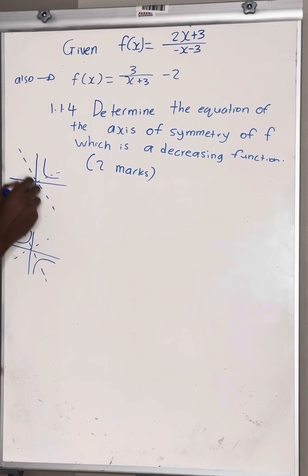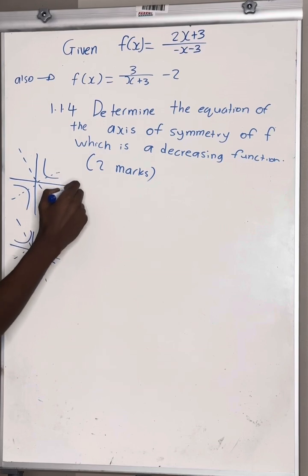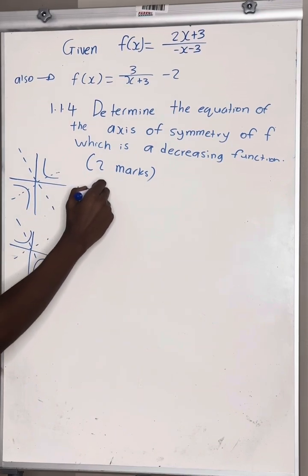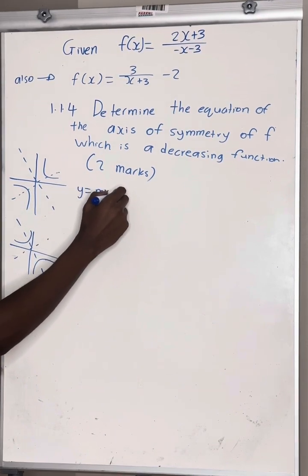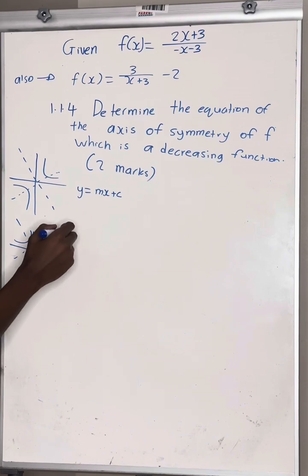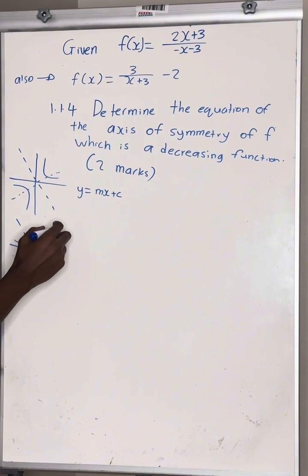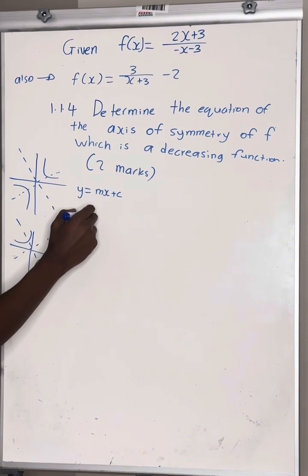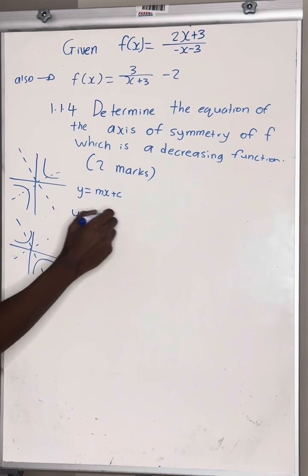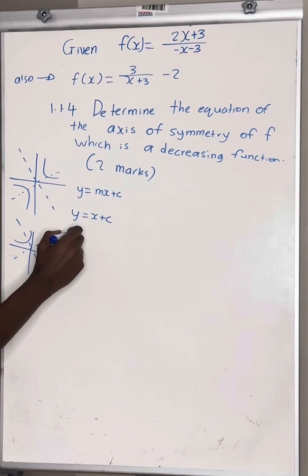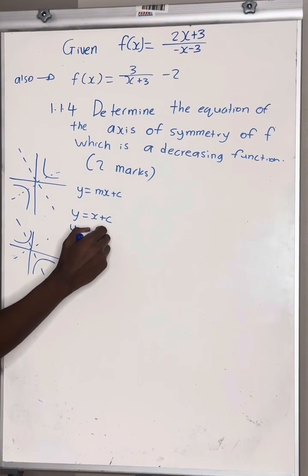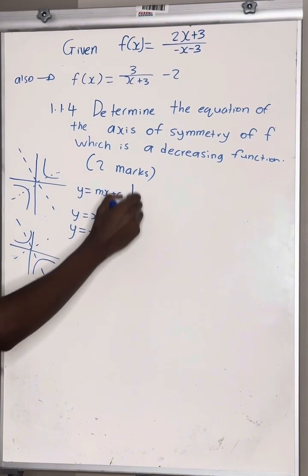And you can see that these are actually straight lines. And the equation of a straight line is y is equal to mx plus c. So when you have a positive increasing function, you have y is equal to x plus c in terms of hyperbolic function, and when it's a decreasing function, it's y is equal to negative x plus c.